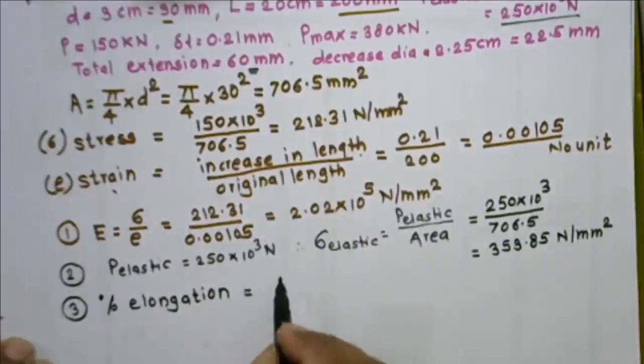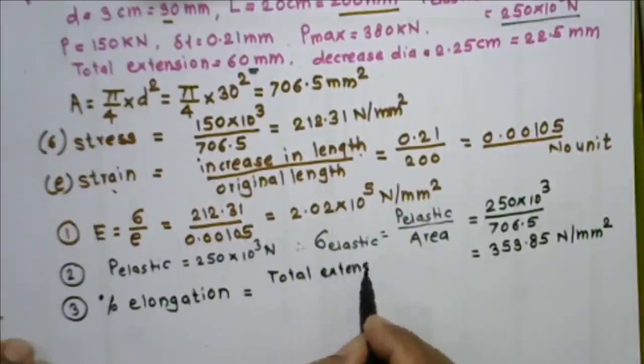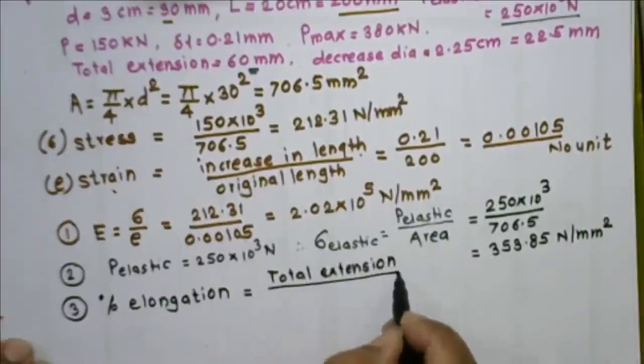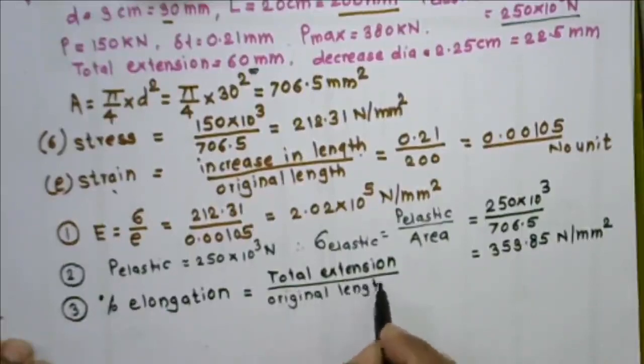So the equation is total extension, or you may say total increase in length, upon original length, into 100. In a tensile test, the original length of the bar is called the gauge length.